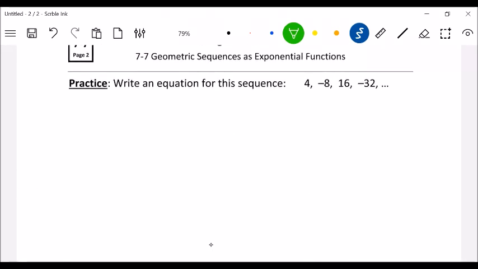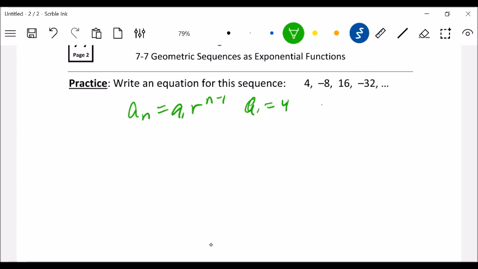On this one now, the second and the fourth, all the even ones, have a negative. Well, let's go ahead and make the equation for this. AN is equal to A1 times R to the N minus 1. So A1 is equal to 4.